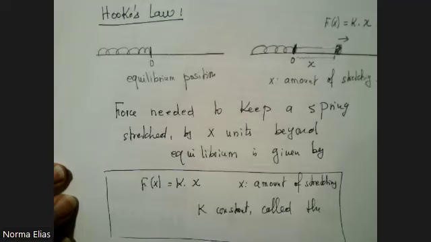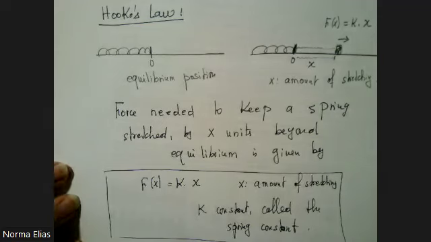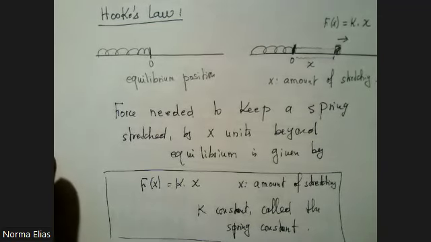The stiffer the spring, the higher the value of k. This law is experimental. It's a constant times x, proportional to the amount of stretching. You double the amount of stretching, you double the force. That's really what it is. So it's k times x.